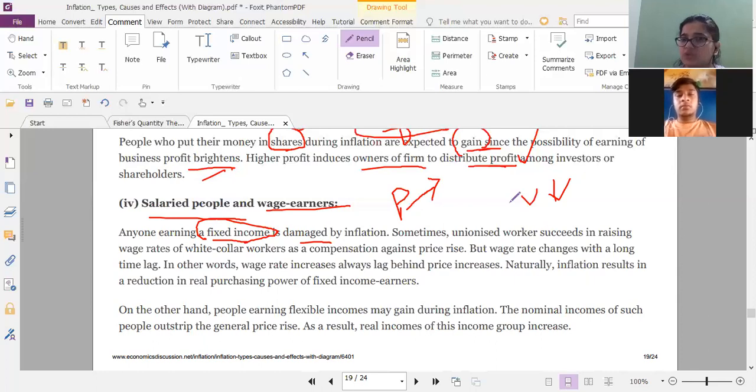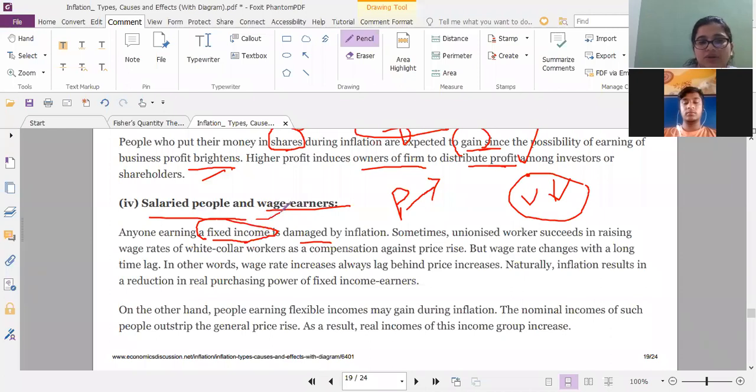So the actual value has decreased. Purchasing power has decreased, right? With an increase in prices, the purchasing power will reduce, and therefore we can say that the value of money will decrease. So what happens if their income or interest rate is fixed?